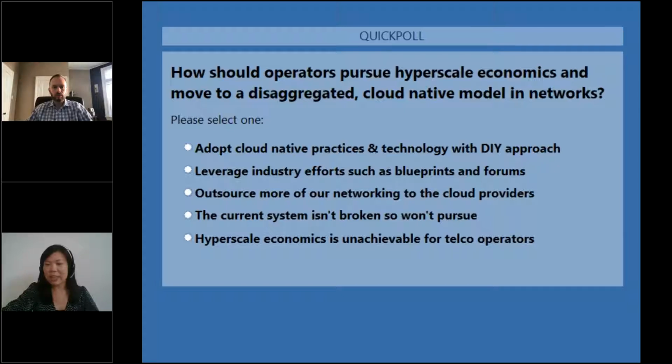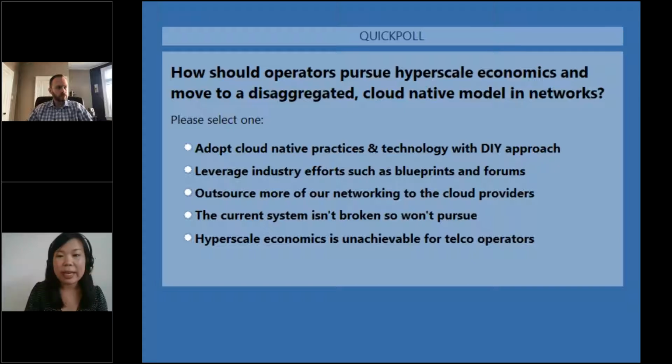So keen to see your thoughts. Seeing lots of votes now. Just to recap, the first is about adopting a DIY approach of assembling and reassembling disaggregated components, taking on that integration capability and building those skills internally.